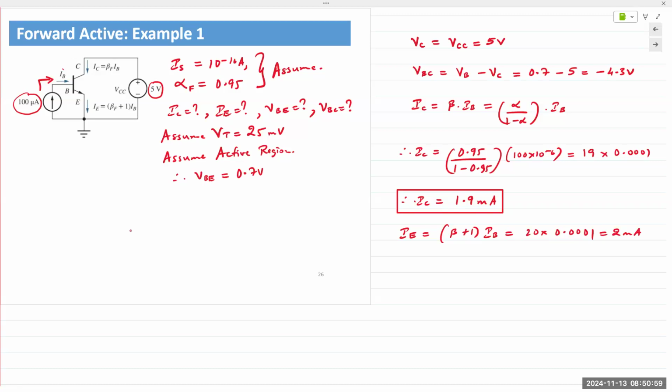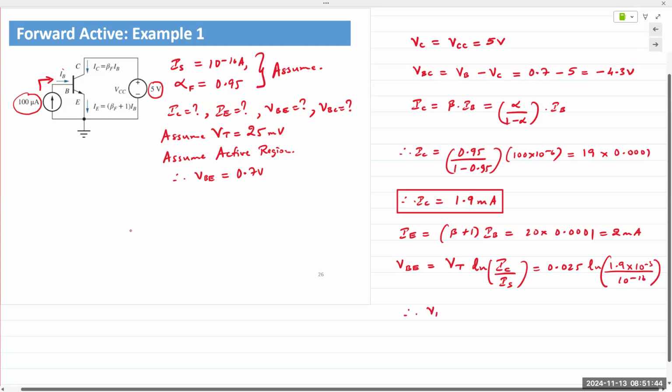And now we are in a position to actually calculate the value for VBE. VBE can be determined from the equation VT times the log of IC over IS. So that would be 25 millivolts times the log of IC, which is 1.9 milliamps, over the reverse saturation current, 10 to the minus 16.